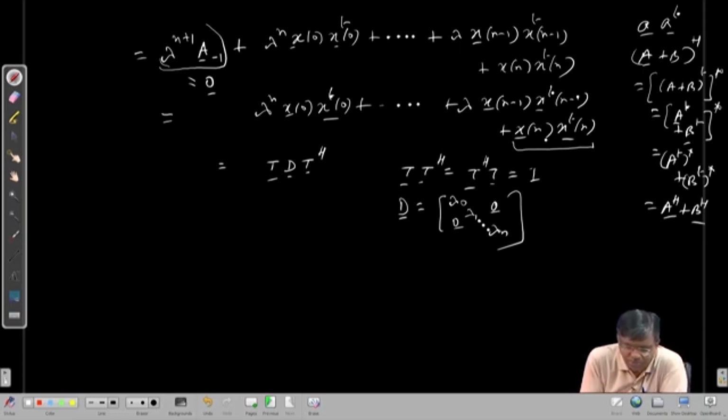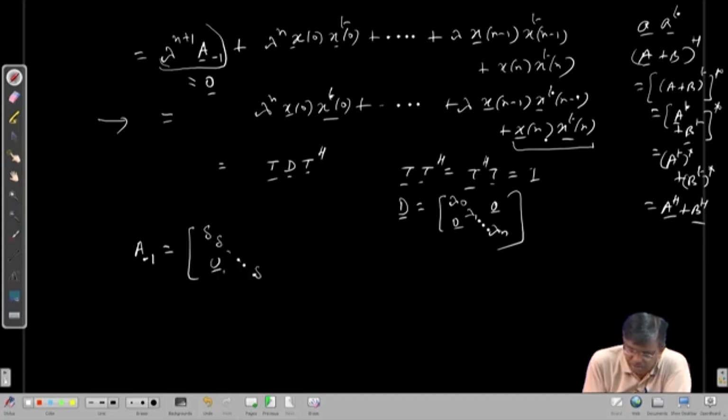What we will do, we will take this summation and add it with this, as we take this initial value for A minus 1: a diagonal matrix where delta is real, very, very small, positive.